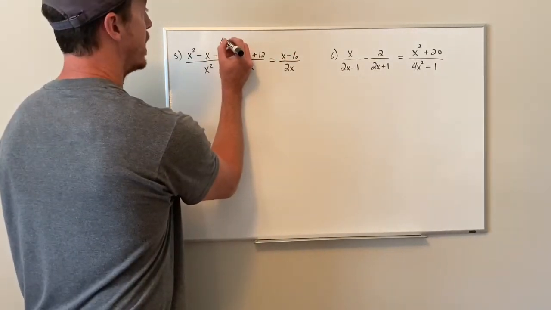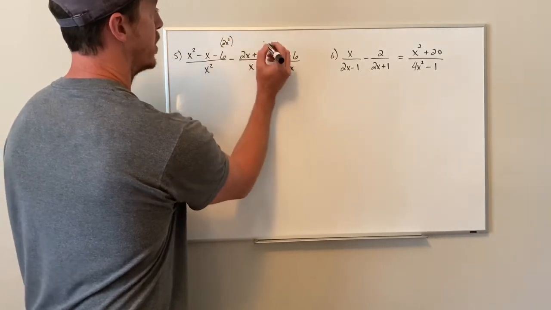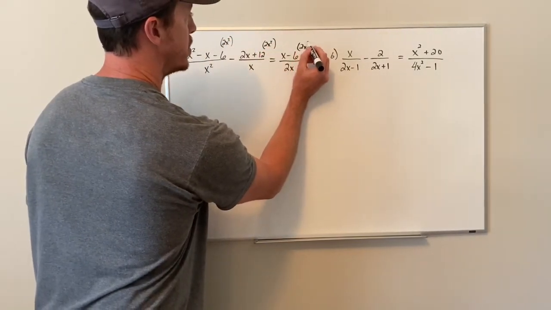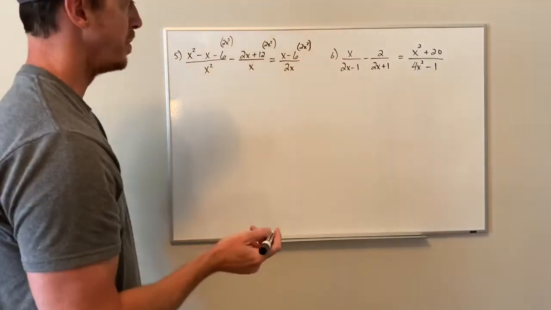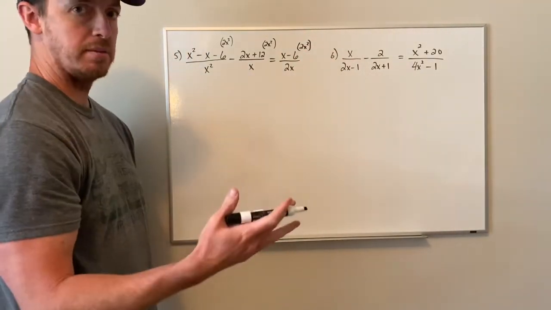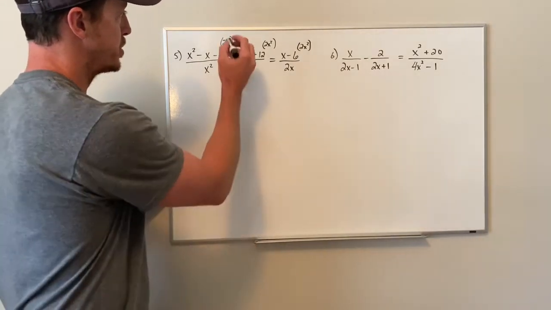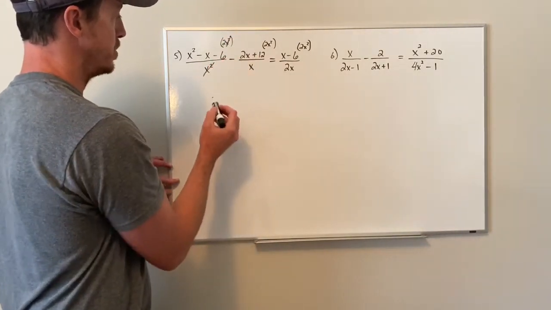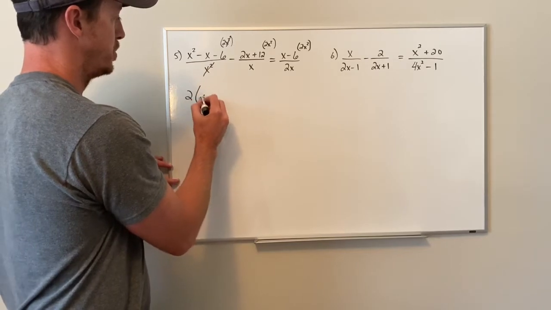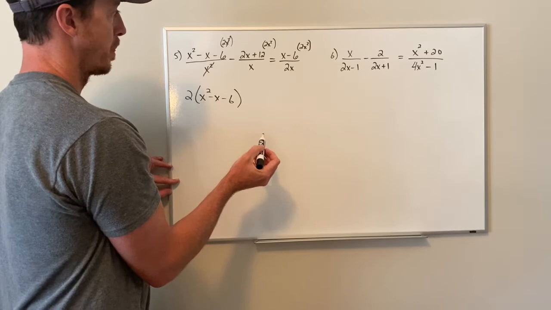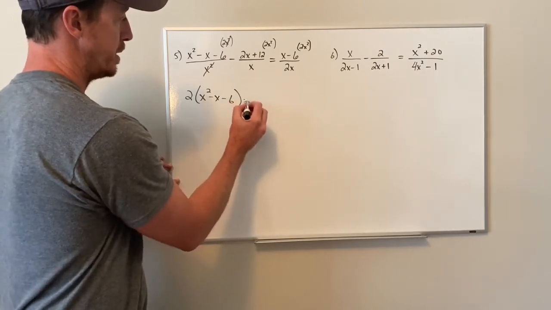And so again, I literally go in here and stick a 2x squared into all of these numerators. And again, it's kind of ugly at first, but after we cancel some stuff, it'll look a lot nicer. So in this first term, the x squareds cancel, and I'm left with 2 times x squared minus x minus 6. I'm going to bring that minus sign down.